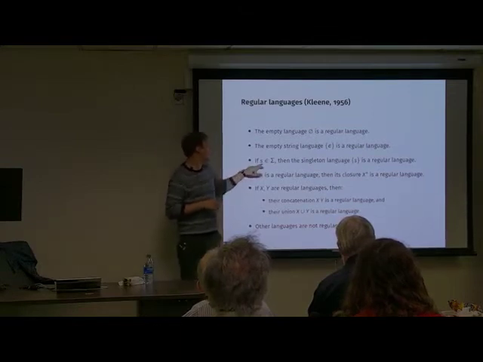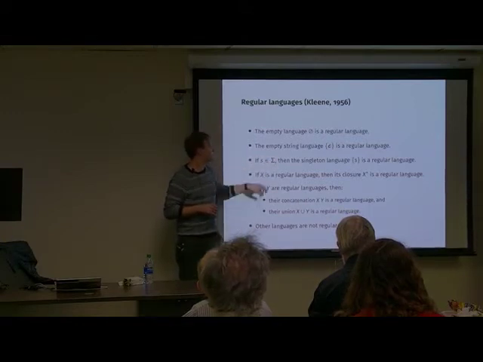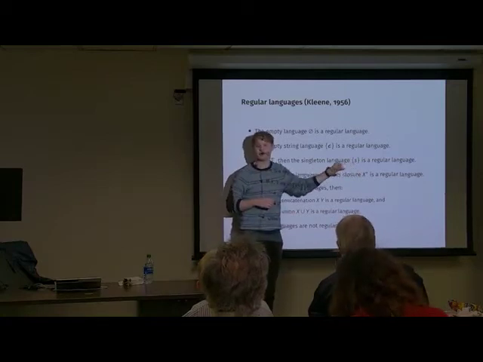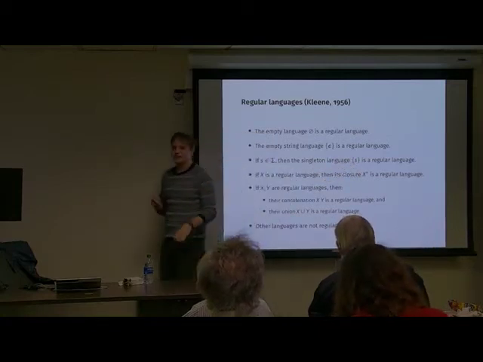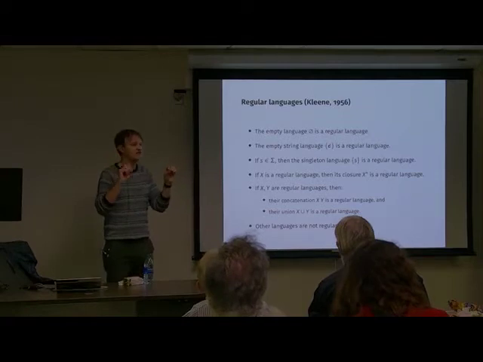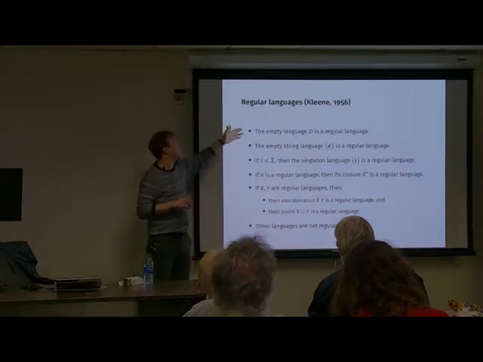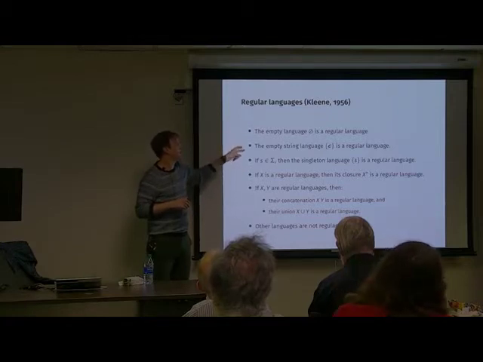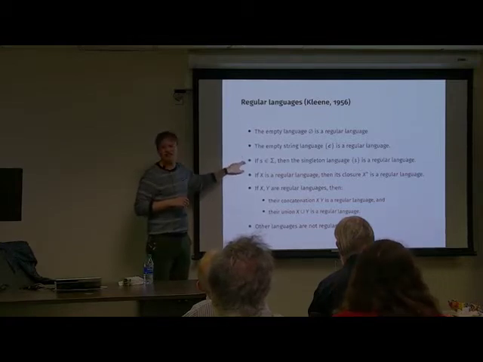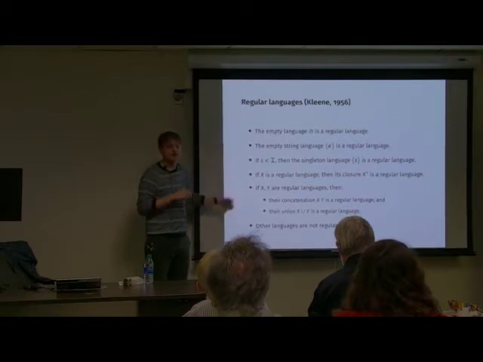If s is some symbol in the alphabet for our task, sigma, then the so-called singleton language is itself also a regular language. So I'm basically allowed to take every element from my alphabet and make a language out of that. All things that satisfy this definition in your alphabet for your task are also a regular language.